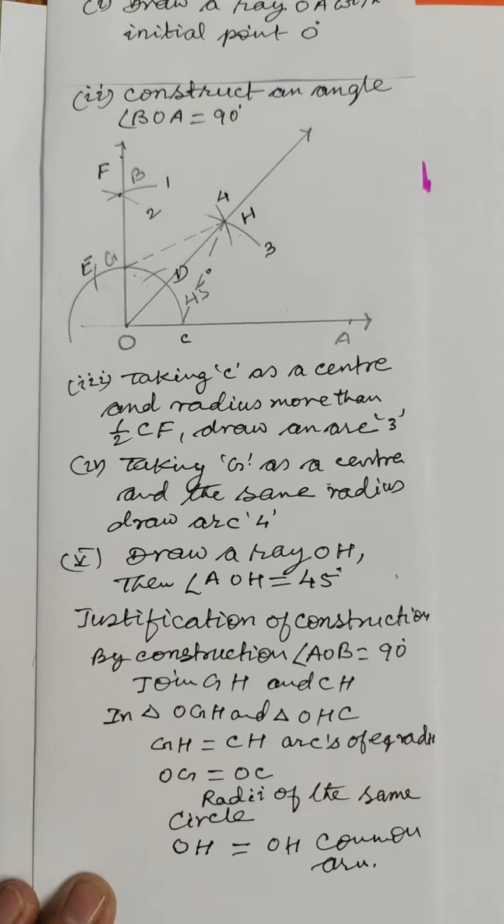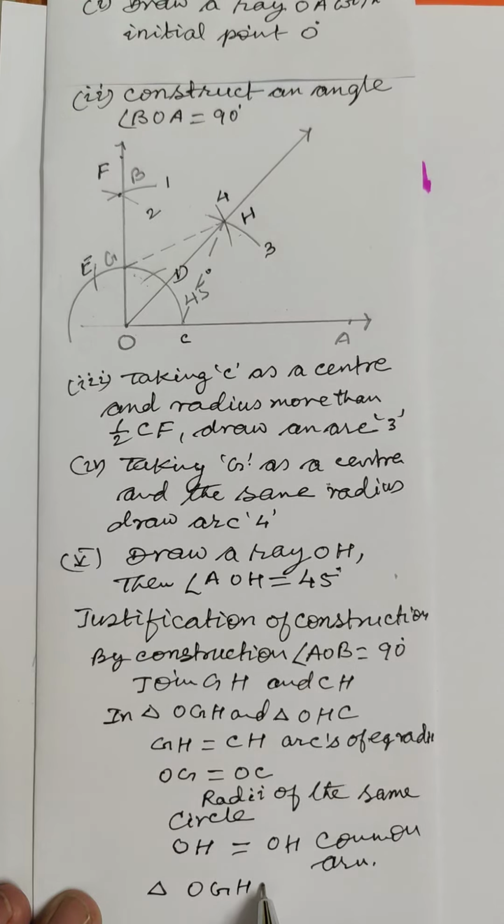This way, we see that triangle OGH is congruent to triangle OCH by SSS congruence.